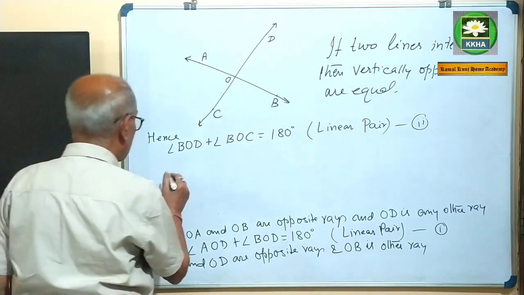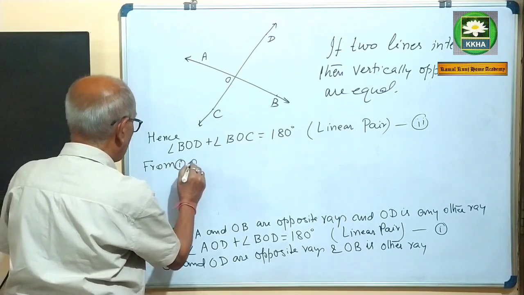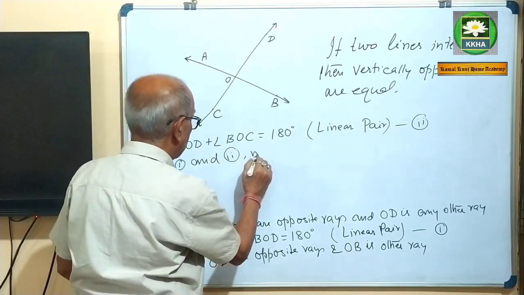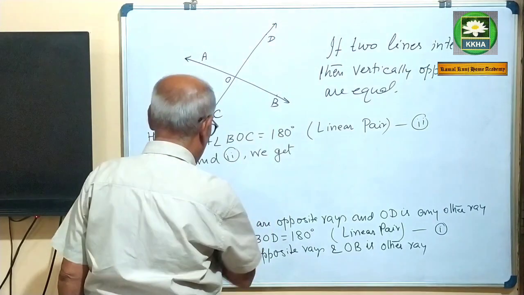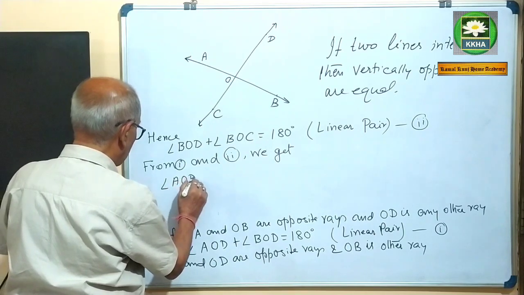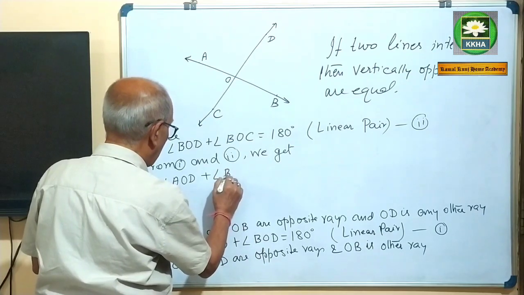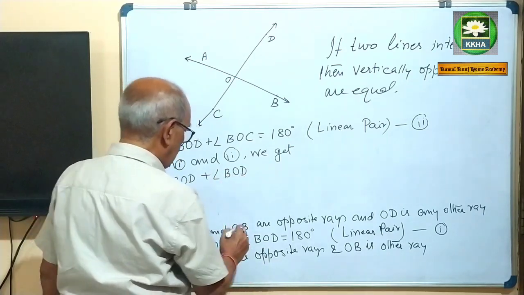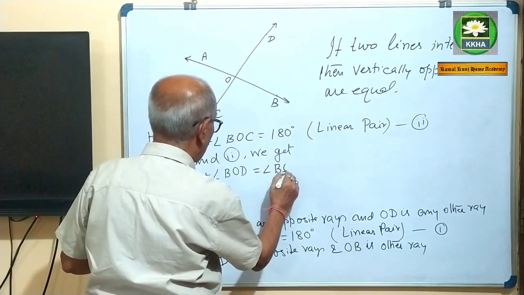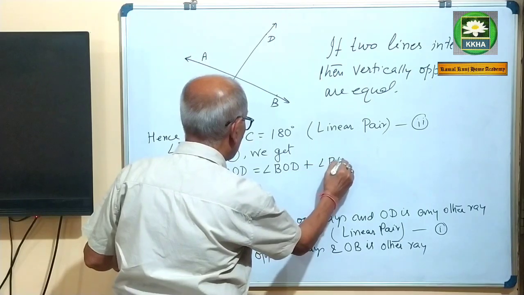From 1 and 2 we get angle AOD plus angle BOD equal to angle BOD plus angle BOC.